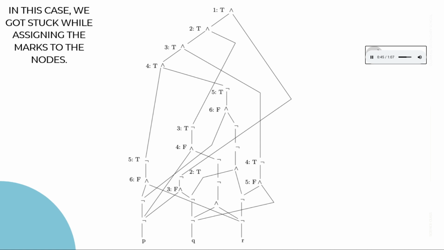Similarly, on timestamp 4 and timestamp 5, there are conjunction nodes which are marked false, but none of their children are marked. So in this case, the algorithm gets stuck and we need to find a way out of it.